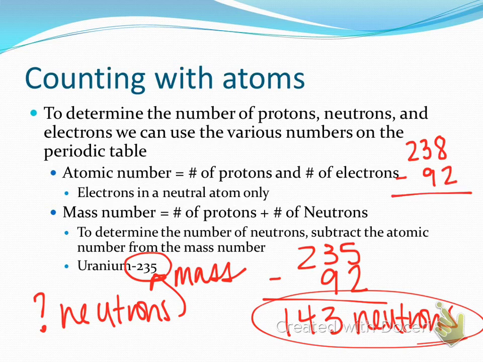And on this version, I get 146 neutrons. Both of which are uranium. They just have different numbers of neutrons, which means different atomic masses. So those would be considered isotopes of one another. Does that part make sense? Okay.